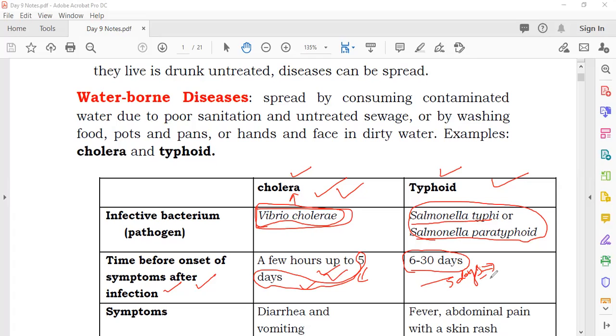Then the doctor will tell you to do a test. Sometimes they test for typhoid, and sometimes for cholera, but cholera is more visible because you find vomiting, loose motions, all these things. But in typhoid, only fever is there, so it can be caused by malaria also, and by typhoid. So they will take a test, and in the test they will identify which one it is.